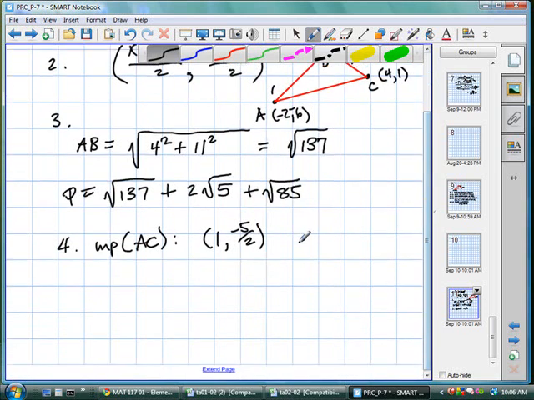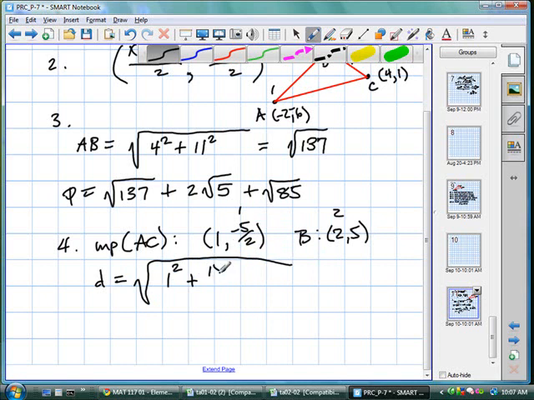Okay, so here we go. Point B, just to bring things back, was 2, 5. So, distance. I'll call this point 2 and this point 1. x2 minus x1 squared, y2 minus y1. What's 5 minus a negative 2.5? 7.5?